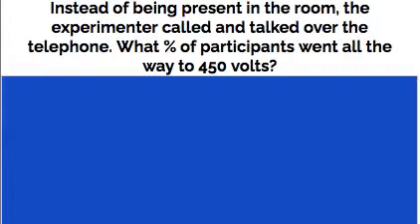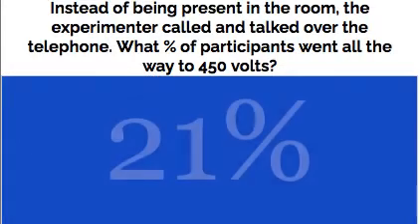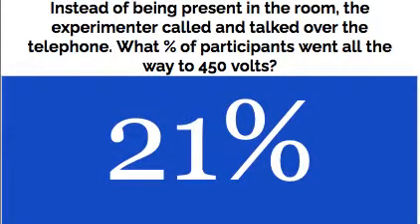And the question is, how does that affect obedience? It turns out that being distant from the person who's demanding obedience makes it a lot easier to disobey. Obedience drops to 21% from 65%, remember.